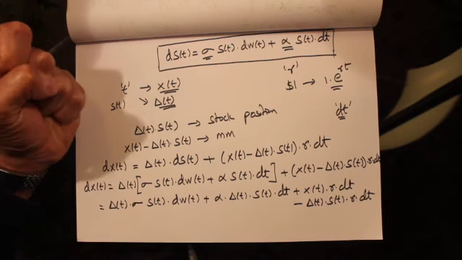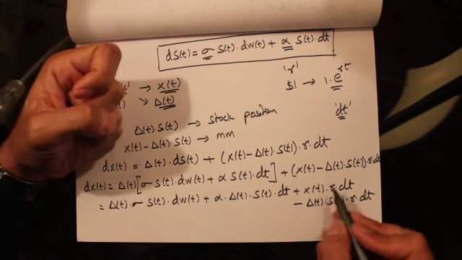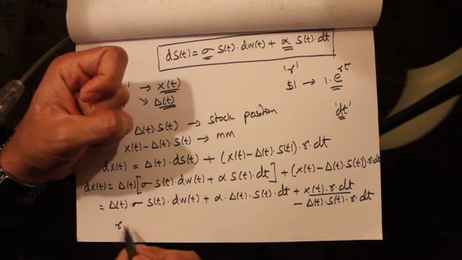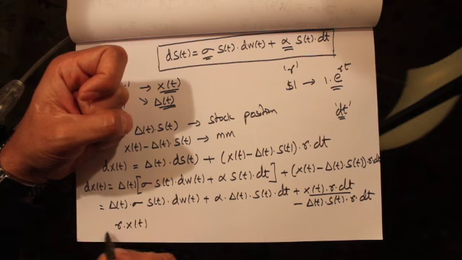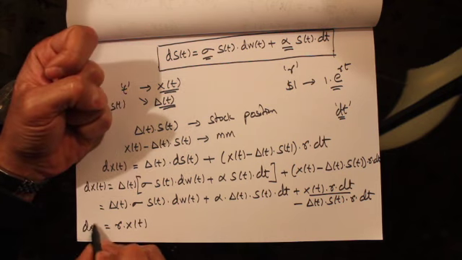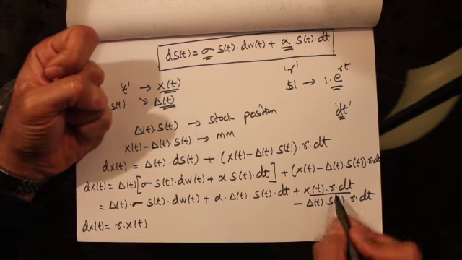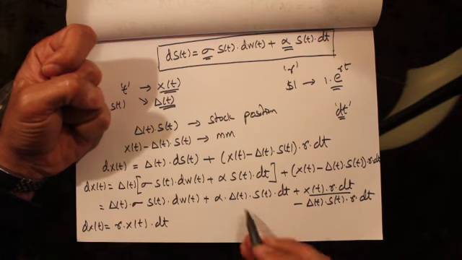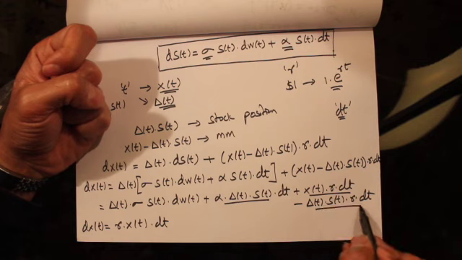Okay, so we can write this down as, we can write this term right here first, as r times X(t). This is equal to dX(t) equals r X(t) times dt. Then we can combine this term and this term.